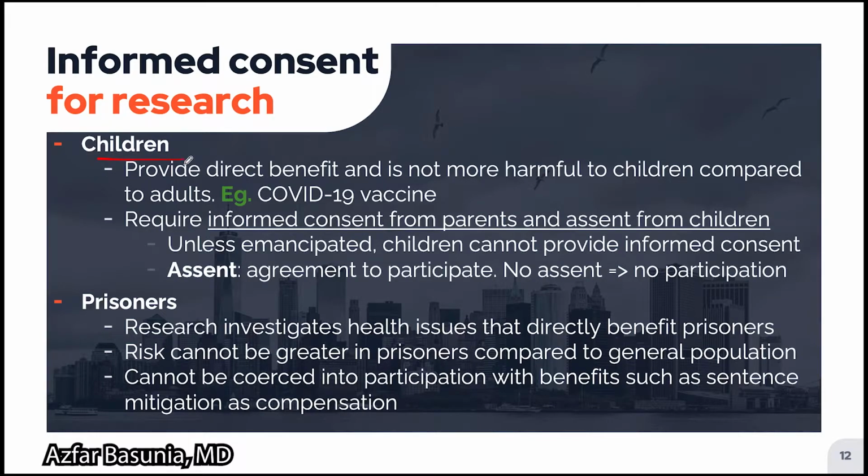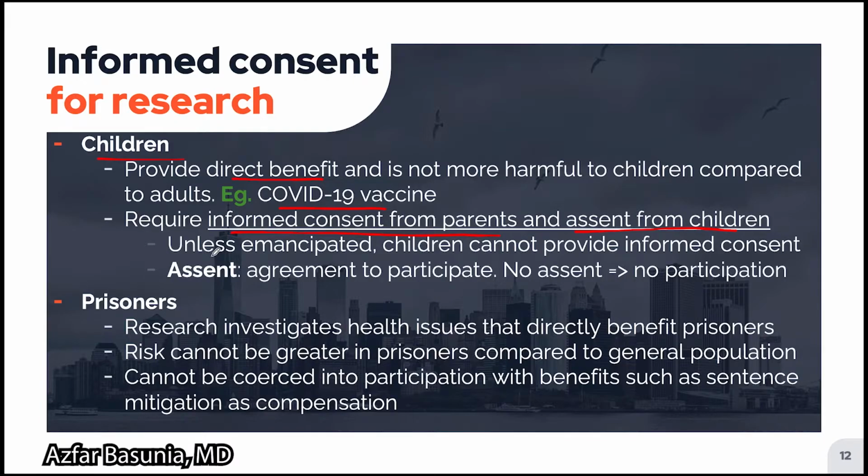Research on children must provide direct benefit to children, and it is not more harmful to children compared to adults. A contemporary example of this is the current research on the COVID-19 vaccine on children. Very important to know is that research on children requires informed consent from the parents or legal guardians and assent from children.